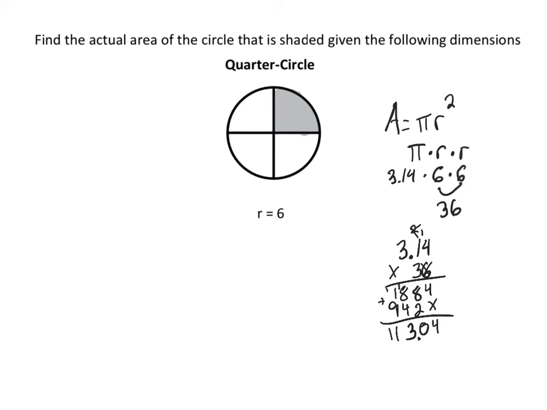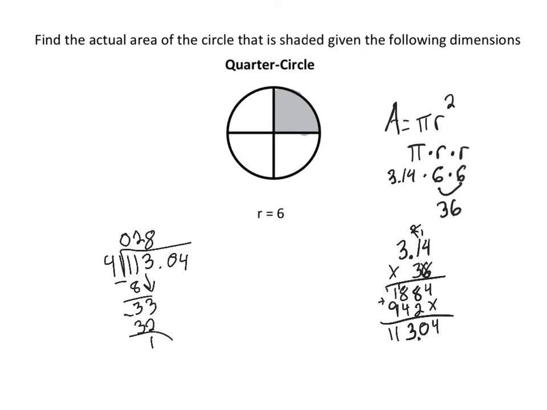Now, this is a quarter circle. So we learned earlier a quarter of the circle is the only thing we're looking for. So we have to divide our answer by 4. So we're only looking for 1/4 of the circle. So we put 113.04 inside the box and 4 on the outside. So 4 goes into 1 0 times. 4 into 11 twice. That is 8. 11 minus 8 is 3. Bring down the 3. 4 into 33 would be 8 times, which is 32.